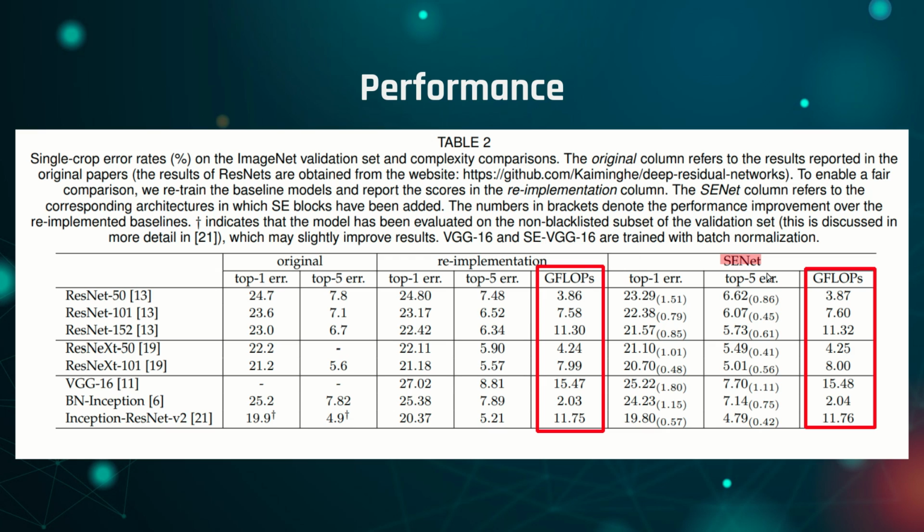And when you put in the squeeze and excitation, it just increases a little bit. You see, it's really minor. And then you see the performance increase. And that is really the value, right? You have a little bit of overhead on your computation, but in return, you get better performance. And that is the value of squeeze and excitation.